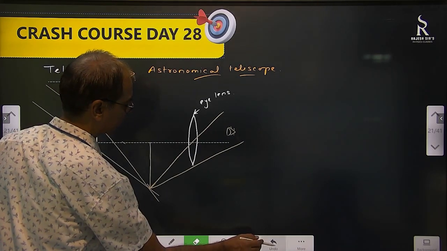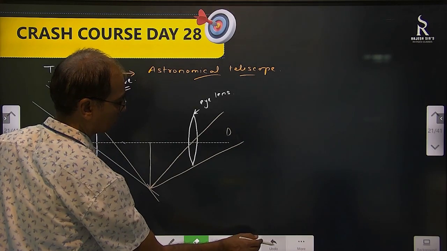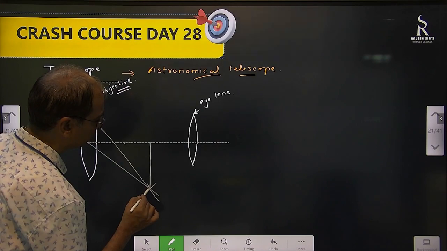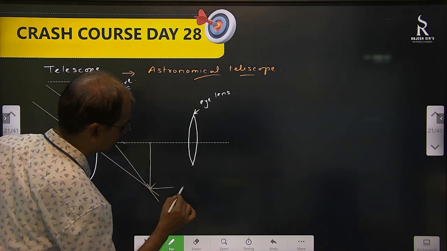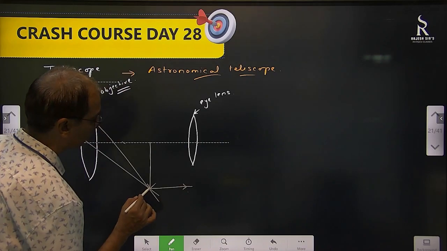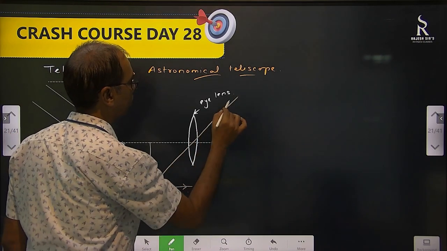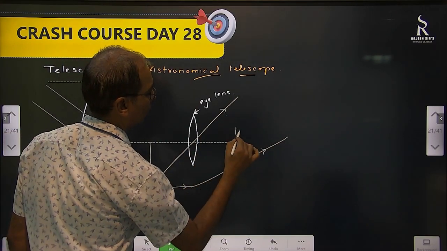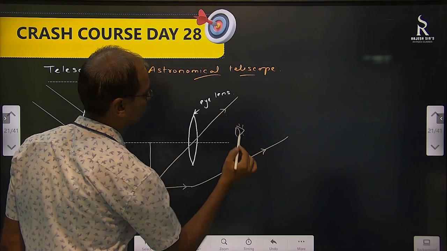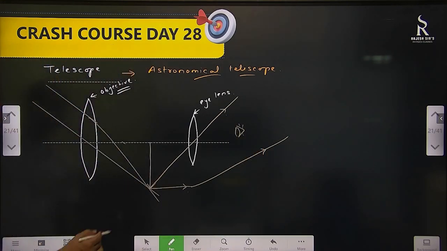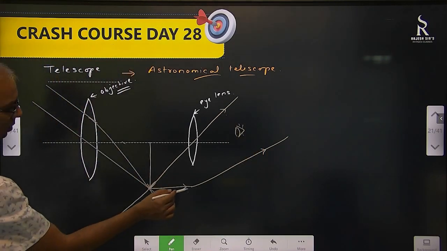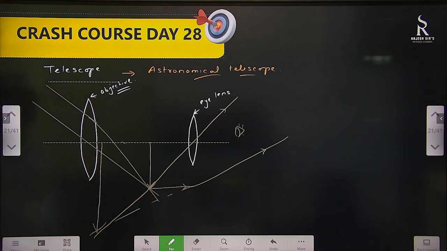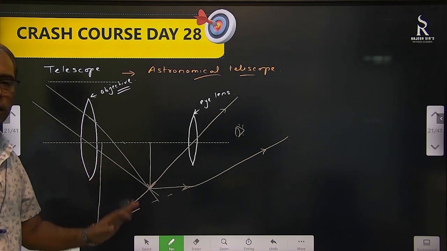Earlier I took a straight line only, that's why. So now retrace this. This line is here and this line is here. So for the eye, the image is forming here. This is the ray diagram for this.